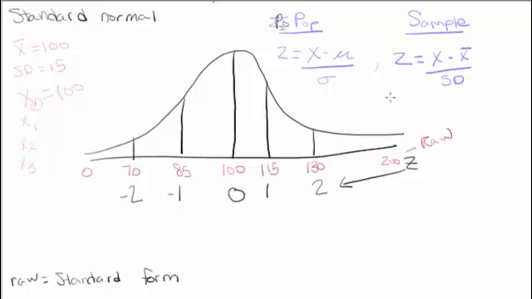Let's say we're working with a sample. Sorry, I keep pushing some buttons here. So we know z equals x minus x bar over the standard deviation. Our raw score, I've just given it to you, is 100, our mean is also 100, over the standard deviation, which is 15.